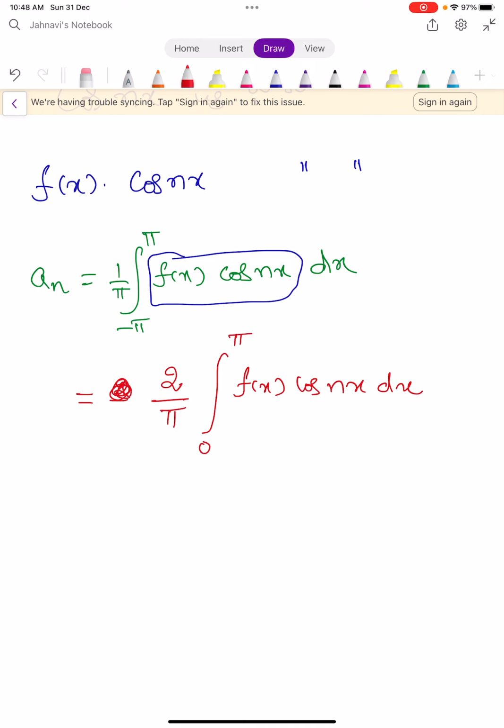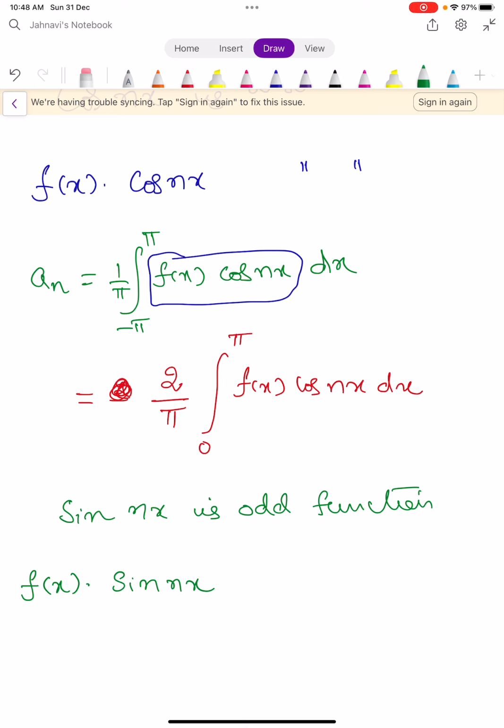At the same time, sin nx is an odd function. If sin nx is odd, then the product f of x into sin nx is also an odd function. Remember that the product of two even functions is even. Here f of x into cos nx is even because both are even functions.